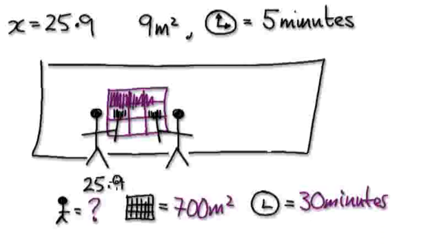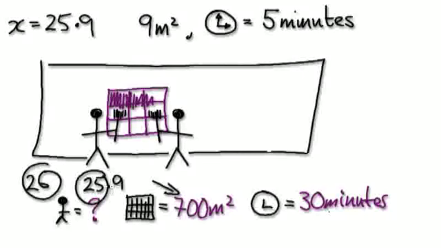Well, you can't really have 25.9 people. If you have 25 people working on the job, you're not going to get to 700 meters squared in half an hour. So let's hire 26 people. They should be able to do slightly more than 700. Okay, but hire 26 people to work on this job as opposed to 25 people.